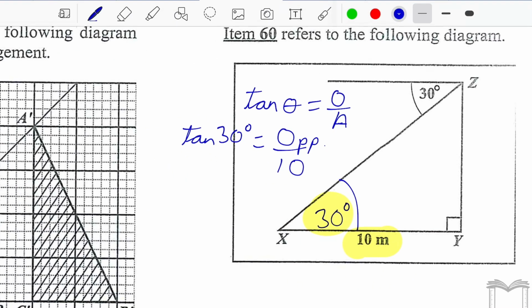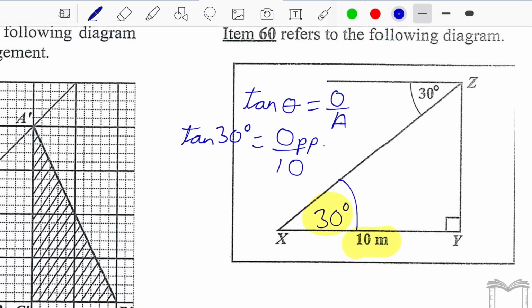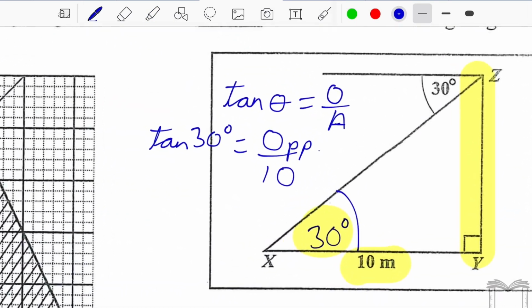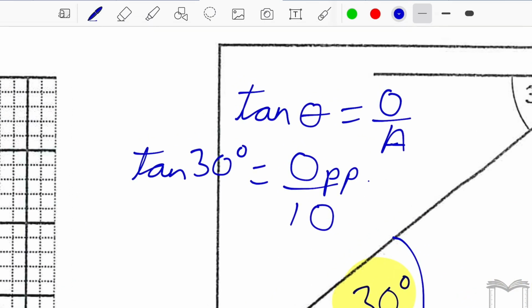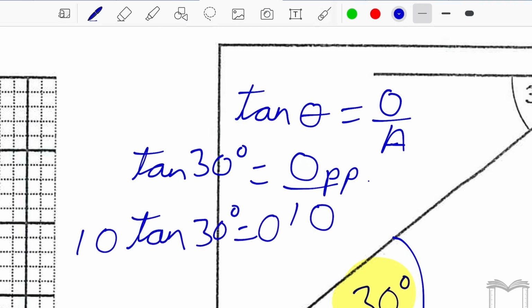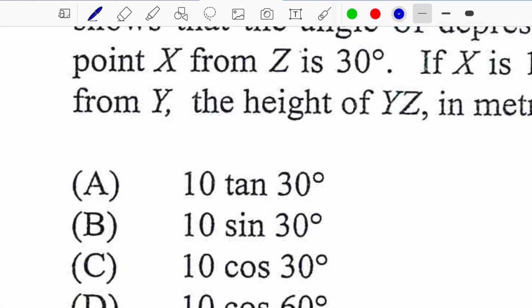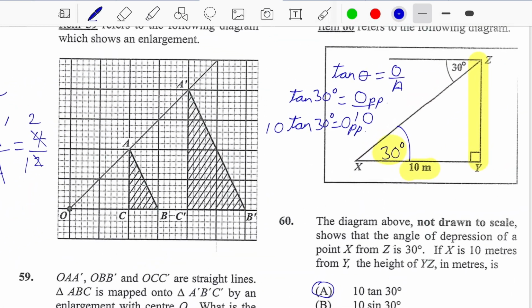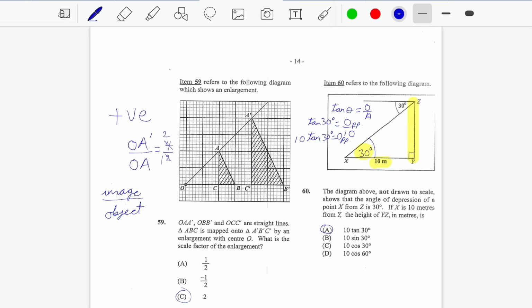Let's put this as OPP so we don't get mixed up and think it's 0. If we make opposite the subject, which is really what we want here, the opposite is YZ, and they're asking us for YZ. So if we bring the 10 across to the left, it gives us 10 tan 30 degrees is equal to the opposite. So your answer is A, 10 tan 30 degrees.